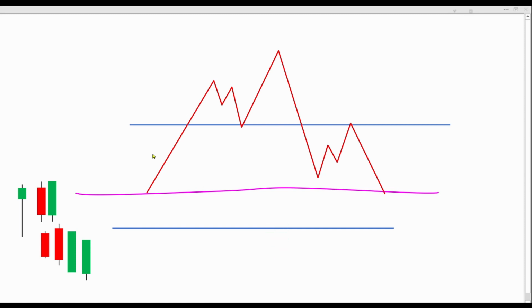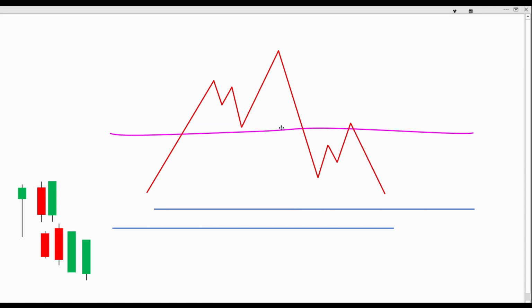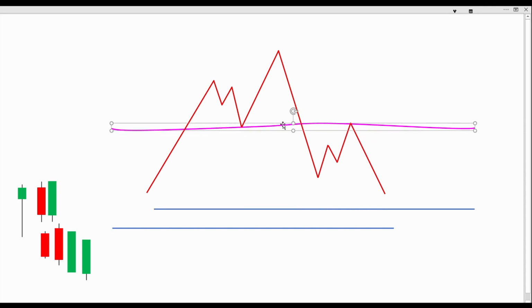Okay, so how I do it: we have one impulse here, we have a correction, which is a two-leg pullback. We can see it clearly here. So I'm looking to enter at this point here, if it's an uptrend, because this could be an important support level, or an important moving average that you use.